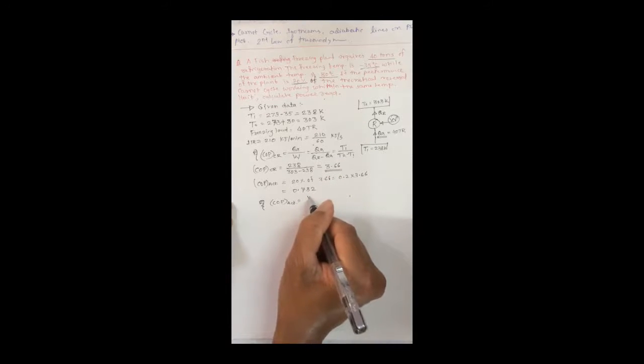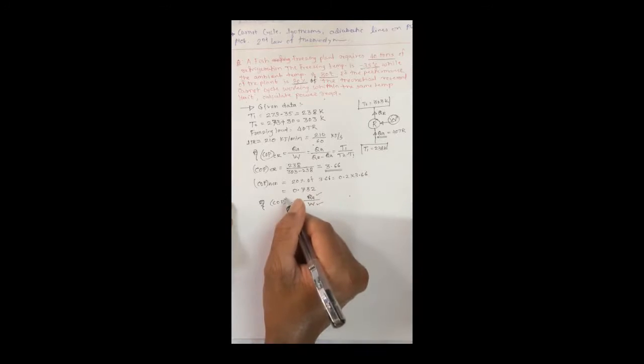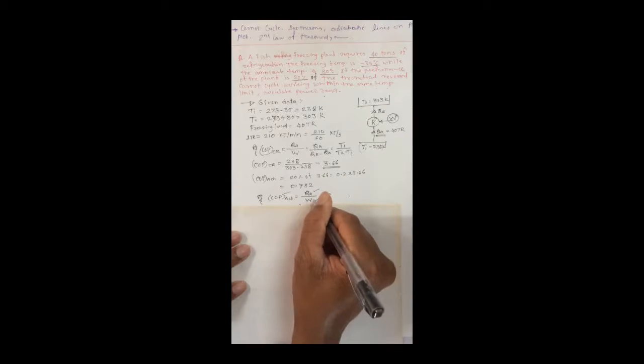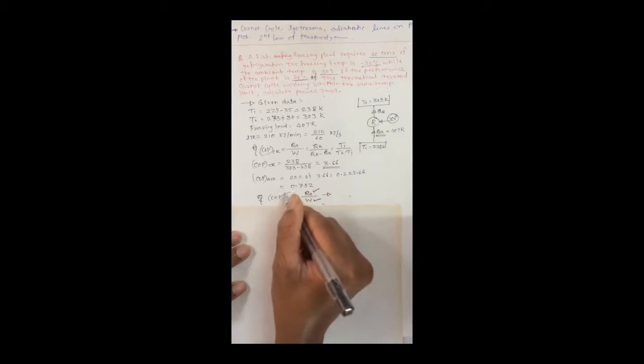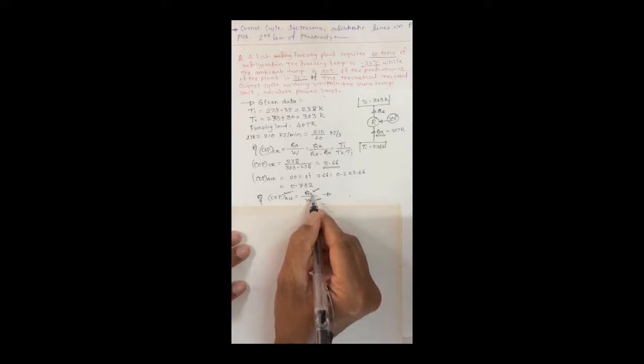COP actual is the desired output QA upon work input. We know COP actual, we know the heat extracted, that is the freezing load, and we find the work.